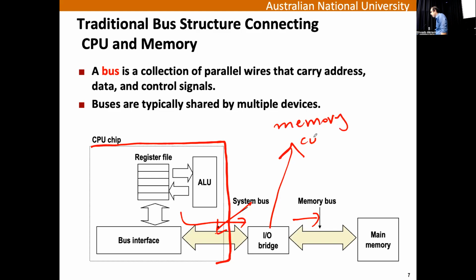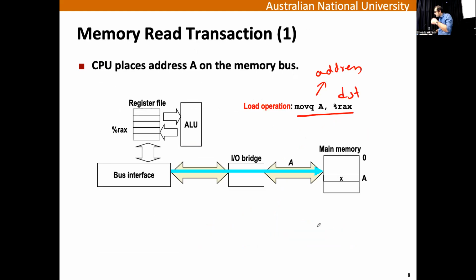And that controller actually translates the signals coming from the CPU's bus interface and sends them to main memory. Okay, so we want to load whatever is at address A into RAX. And this is our register file. This is RAX.